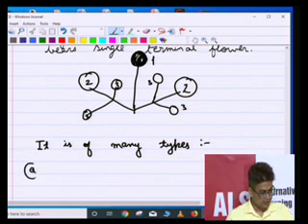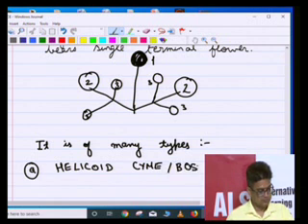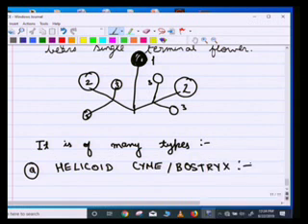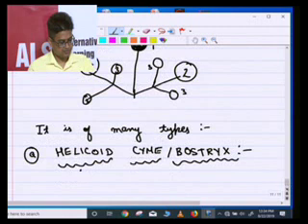First is called helicoid cyme, or Bostrix.